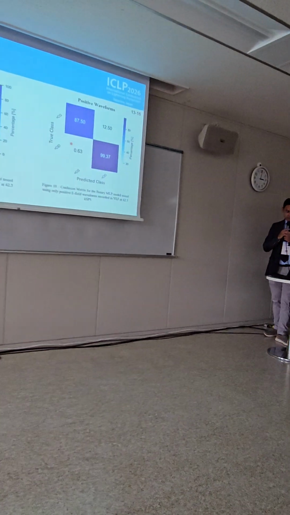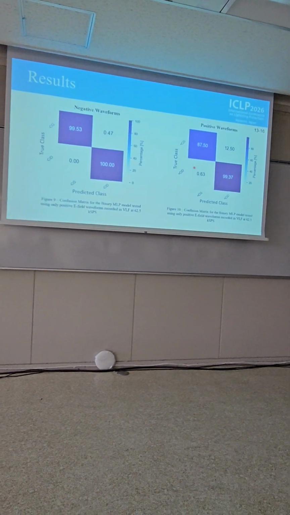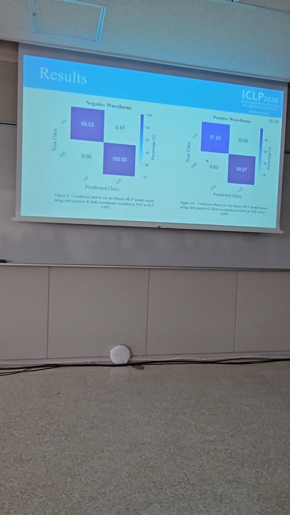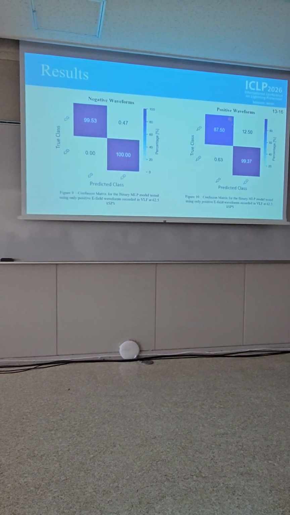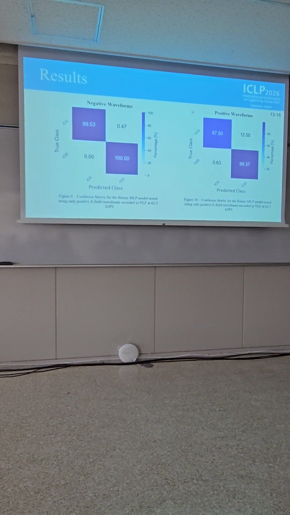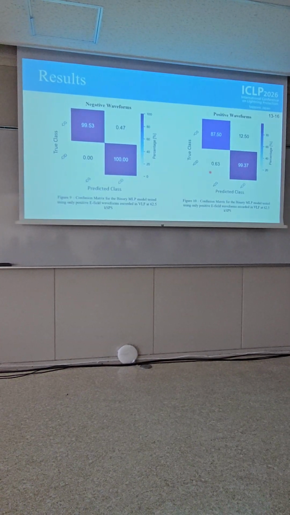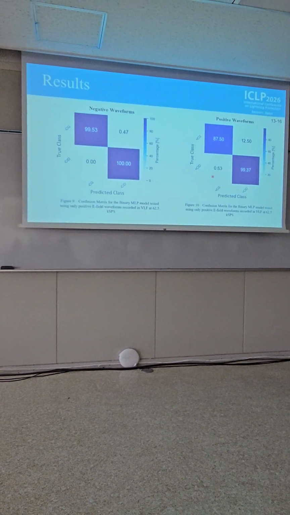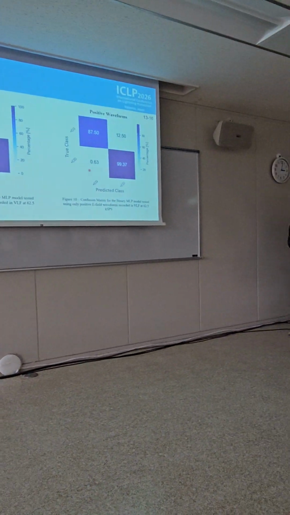And that is the result for the classification between CG and compact intercloud, which is really good. But as we can see here, we always struggle in classifying positive flashes, mostly because we don't have much data for positive flashes, because they are rare and do not happen very often.